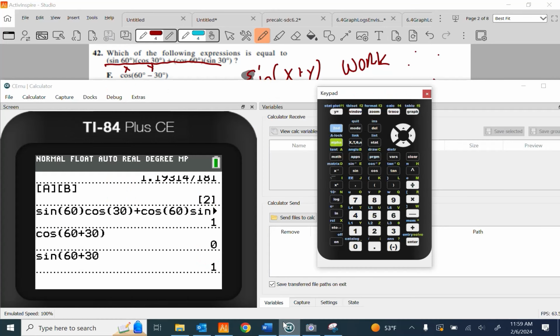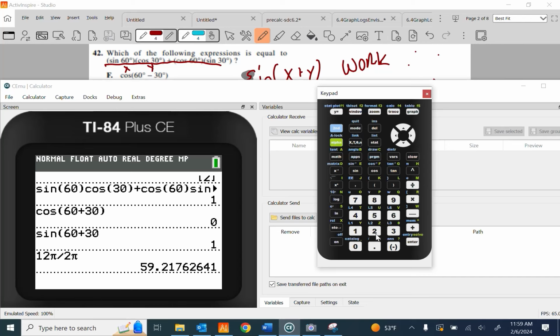You know, if you can't do that, you type in 12 pi. Be careful how you do it, too. Don't do divided by 2 pi like this. You haven't learned a single thing in high school. You do 12 pi divided by parentheses 2 pi. Somebody showed you that once upon a time. 6.